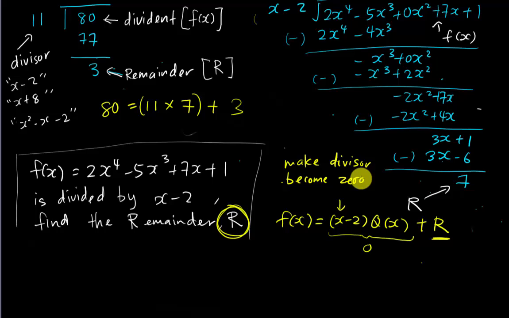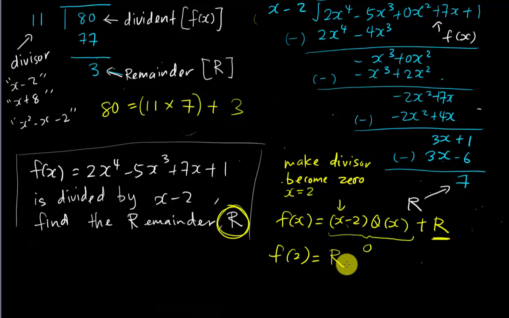In order to make the divisor become 0, you need to substitute x as 2, right? So if you substitute x as 2 into this equation, so let's say f(2), you'll get 2 minus 2 is 0. 0 multiplied by the whole cubic equation here, meaning the whole q(x), the quotient here, you'll get 0. Then you'll be left with r.